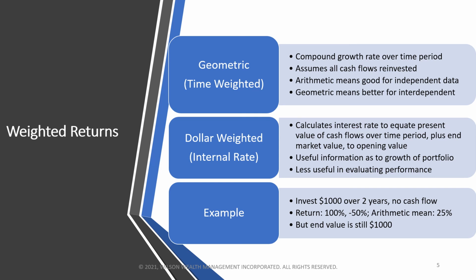It's got nothing to do with the performance of the asset manager. And so it makes it tough to compare two managers to each other because they're dependent on what the clients are doing as far as withdrawal and contribution rates in this case. So I wouldn't put too much stock in dollar-weighted returns, geometric much more.